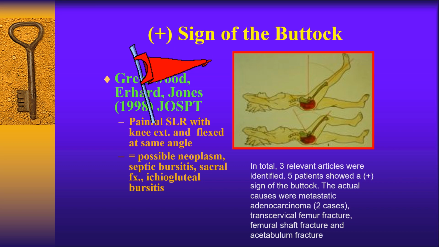The graphic in the bottom right-hand corner, looking at some of the research articles on this, shows that you're essentially dealing with things like fractures and cancers. Those are reasons that you can't flex the hip beyond a certain point, regardless of whether the knee is flexed or extended, and typically you're dealing with flexion significantly less than 90 degrees in these patients. Again, this is a red flag finding, and you should be familiar with the test.